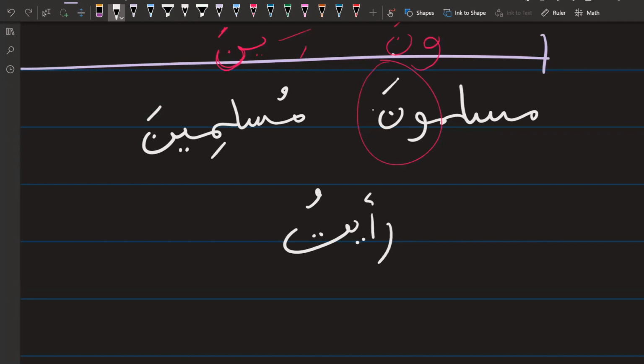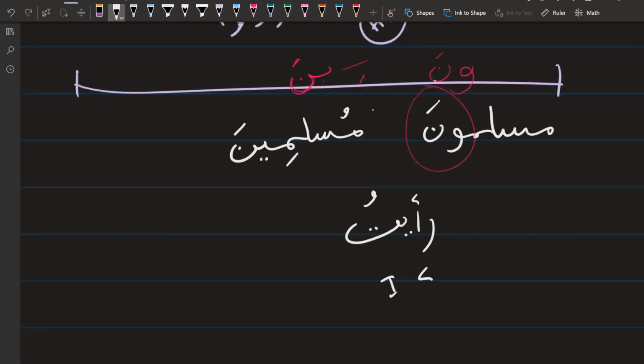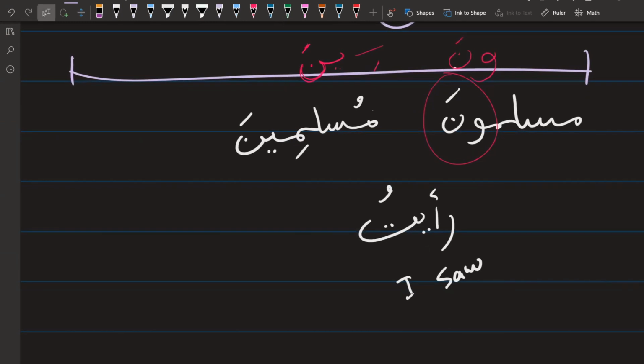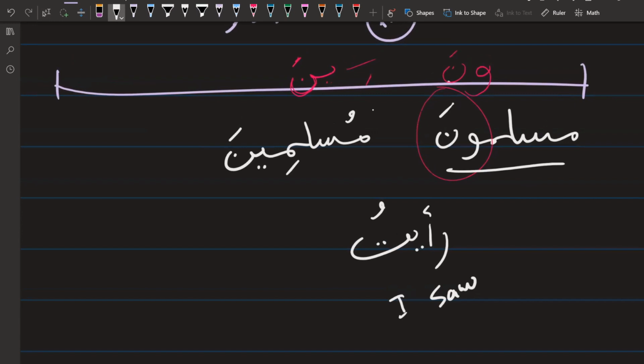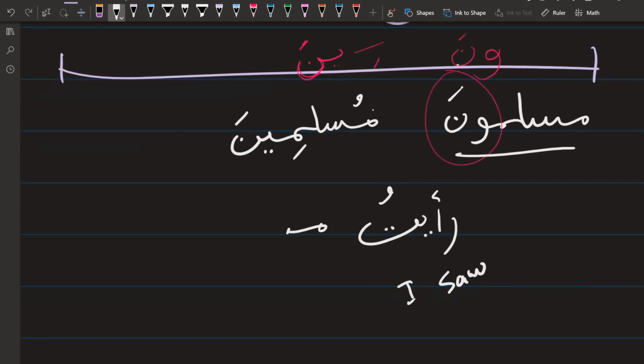Ra'aytu means I saw. So if you see something, of course, that would be an object. I saw a man, the man is the object. So now you want to say, I saw Muslims. You cannot say Ra'aytu muslimuna. You cannot say that, because muslimuna, this form, is for the nominative. It's for the subject, not for the object. For the object, you will have to say muslimina.